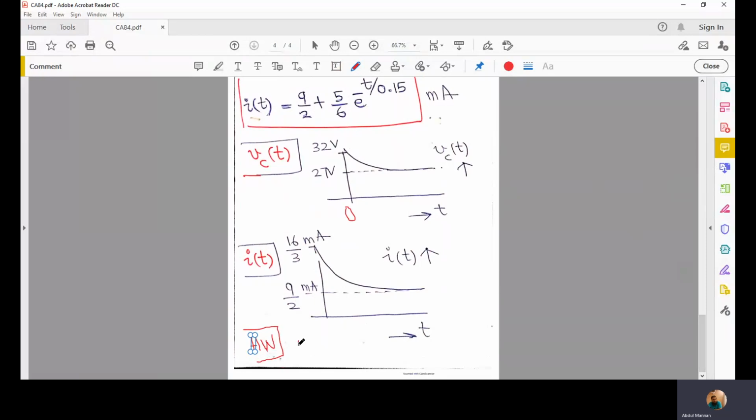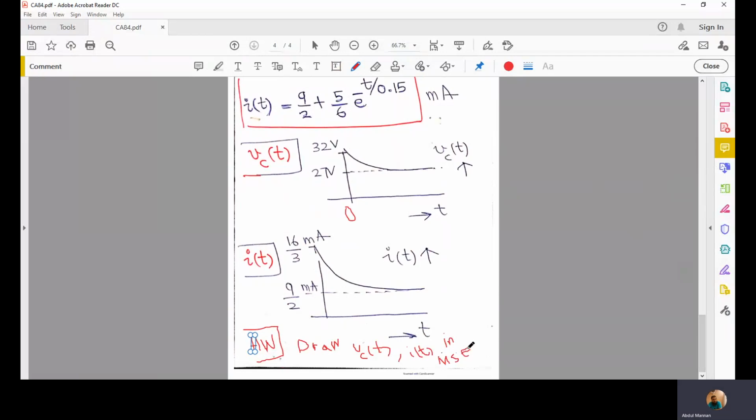We have to draw these two quantities, V sub C of t and I of t, in MS Excel, and submit your MS Excel file as an assignment in MS Teams.